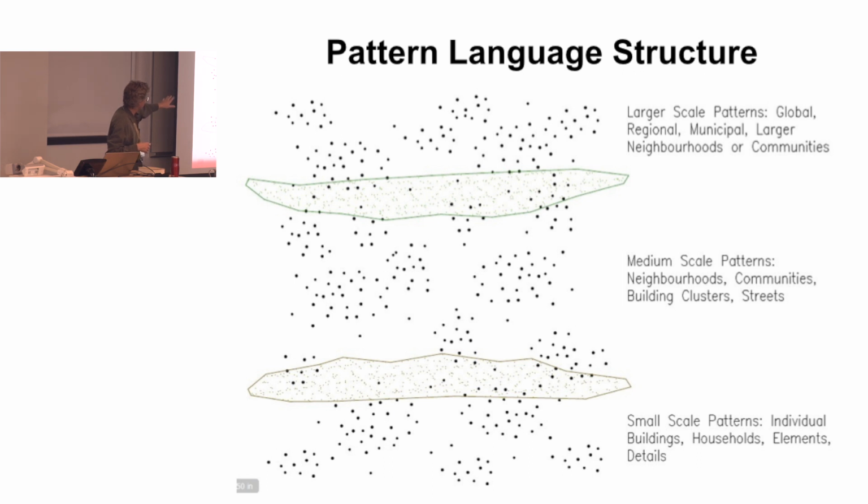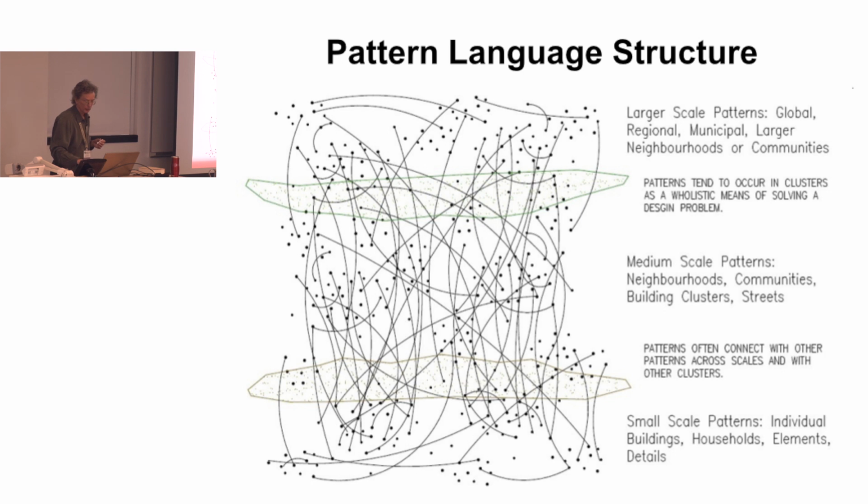In the middle, you've got communities, building clusters, and at the bottom, you have individual buildings, and all the way down to details, like windows and doors. And so then it's all beginning to form a cohesive expression. And then these are connected, as they were in that first graphic, up and down, across, through, and sideways.